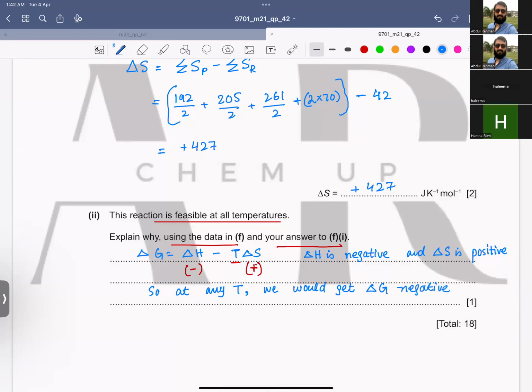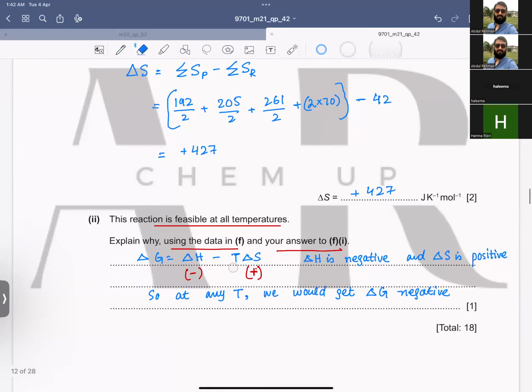And if delta G is negative, then it's feasible, whatever the temperature we choose. Yes, is this clear? If anybody has any confusion in this part, please ask.